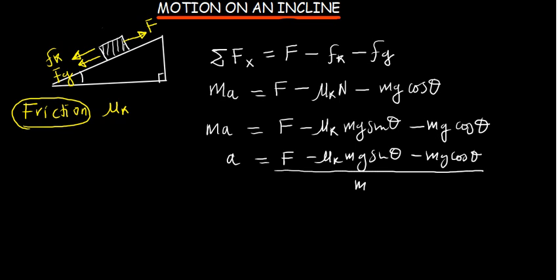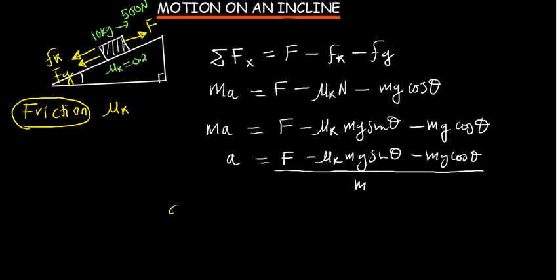Now let's say this applied force was 500 newtons, this mass is 10 kg, and the coefficient of kinetic friction between the box and the incline is 0.2. We want to find the acceleration going upwards.